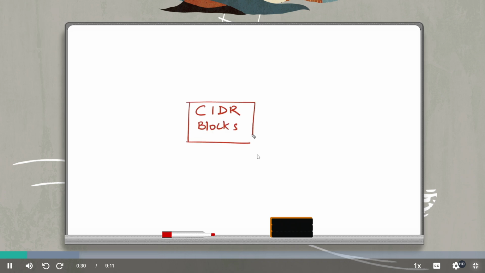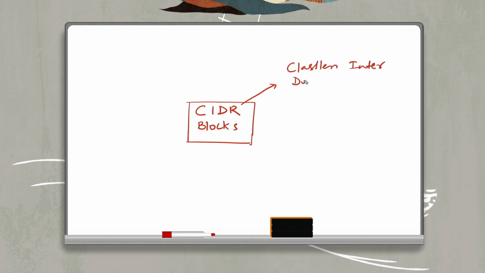The very first thing that you might be wondering is what this CIDR is all about. CIDR is nothing but classless inter-domain routing. This is basically the full form of CIDR.